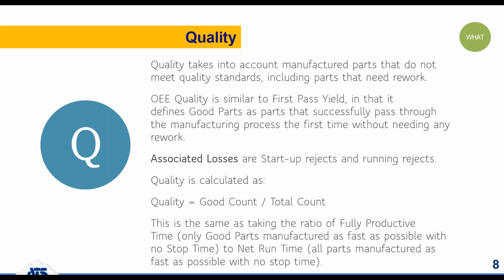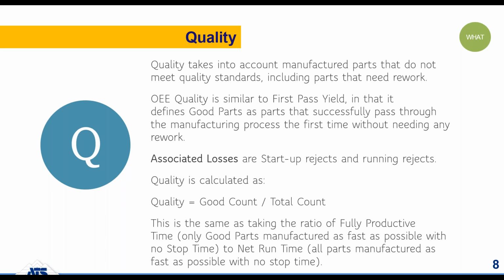Right? The losses are like rejects that are created as part of the startup or initial run after the product changeover while the process is adjusting to the change. These can often be reduced by investigating and improving the machine setup or sequencing of different part types running through the process. So quality is equal to the good count divided by the total count.